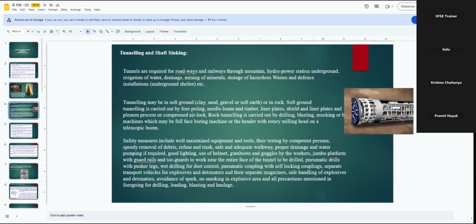For example, if you see these portions, this machine also carries prefabricated or precast structures. Here we are making a circular hole through a mountain. Not at this moment, but over a period of time there might be a chance of collapse of the soil adjacent to, above, or at the sides of the hole. So once the machine makes the hole, it also creates a circular structure to prevent the fall of this adjacent soil or rocks.